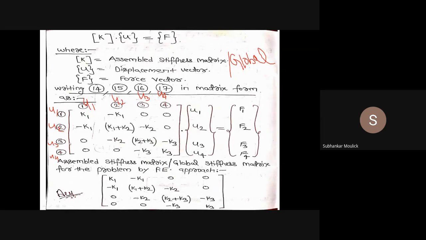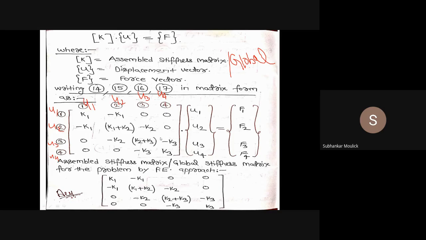So this matrix is the resulting assembled stiffness matrix: K1, minus K1, 0, 0; minus K1, K1 plus K2, minus K2, 0; 0, minus K2, K2 plus K3, minus K3; 0, 0, minus K3, K3.